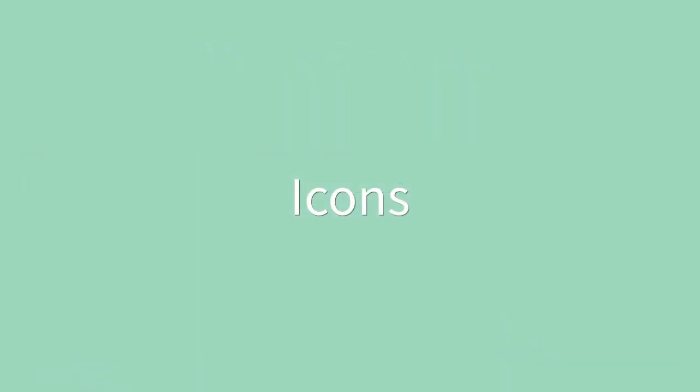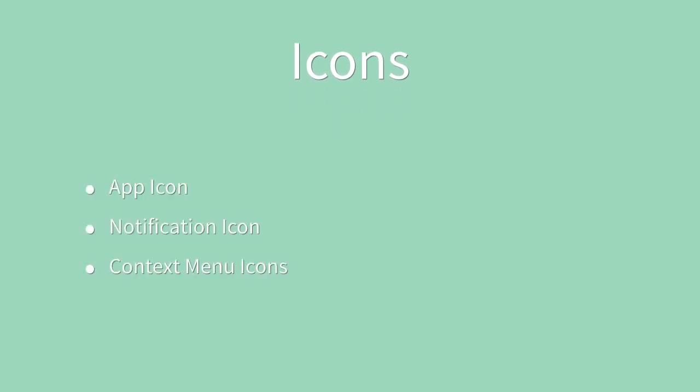Icons. Again, this is something that used to go really wrong years ago, but developers and designers have got better at this. You can't just take your iOS icon and whack it on Android. It doesn't look right, because Android has a very specific set of guidelines around how to do that.